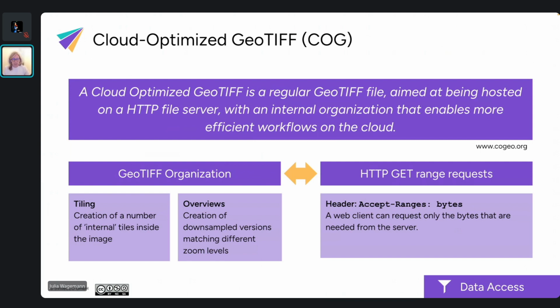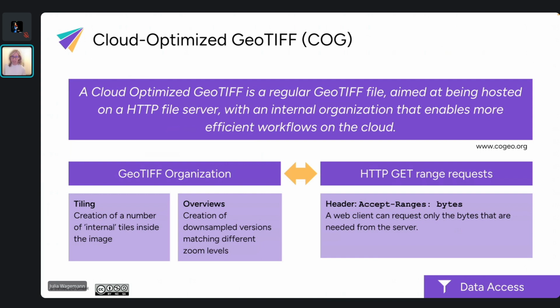There is tiling, which creates a number of internal tiles inside the image, so it makes smaller subsets of the image. Then it provides an overview, which is the creation of downsampled versions that match different zoom levels. With this, it allows easier, more efficient and faster access depending on what you need to stream at a moment during your processing and analysis workflow.